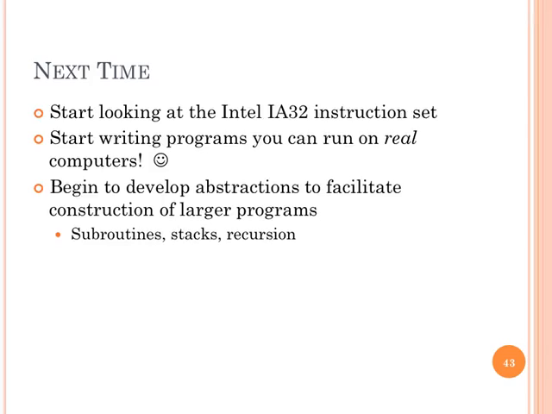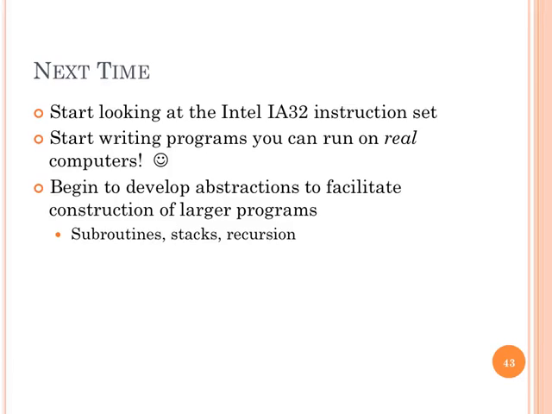Now, if we were to take this processor and make it any more sophisticated, it would be a waste of our time because we're now starting to get to the level of sophistication of the actual Intel IA32 processor ISA. So what we're going to do next time is we're going to start talking about how IA32 works, and we're going to start talking about how we implement even more sophisticated abstractions, like subroutines.